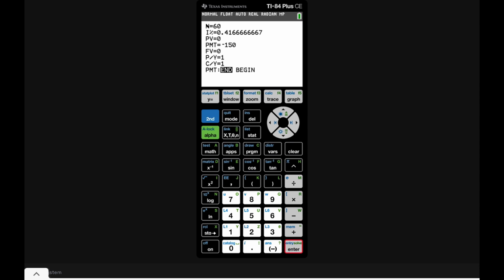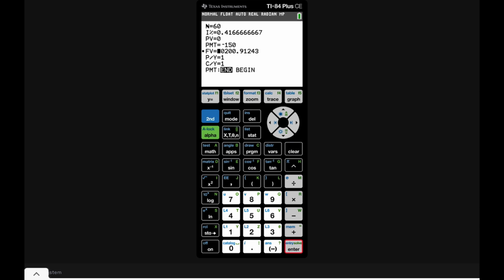So in order to solve, if I want to solve for FV, then I make sure my cursor is right there blinking on it, and then I'm going to hit alpha, my green button on this particular calculator, and enter, and it tells me that in 5 years, putting $150 away every month, I will have $10,200.91.